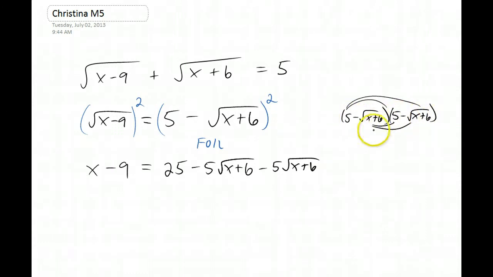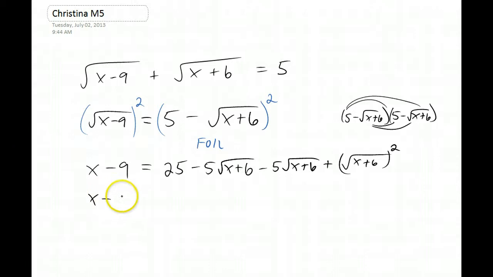The negative times the negative gives you a positive. And the square root of x plus 6 times the square root of x plus 6, I'll write it in two steps. You're multiplying it by itself, so it's the square root of x plus 6 squared. Of course, you know that that square and that square root cancel each other out.